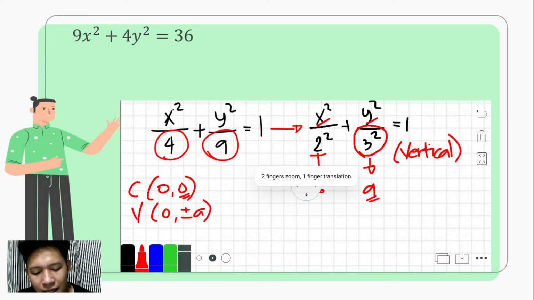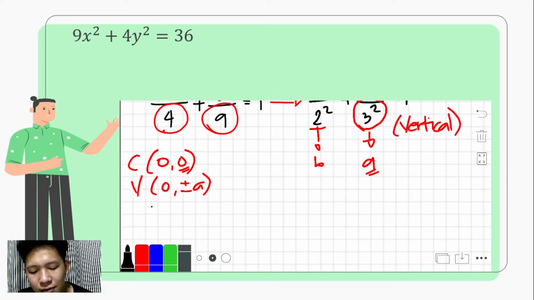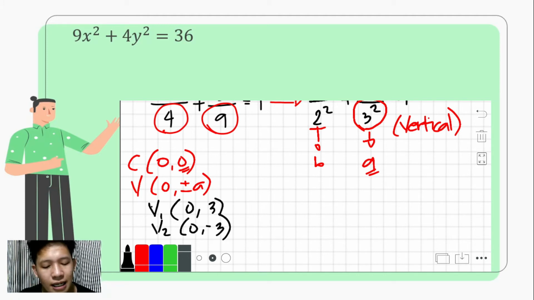Hence, the coordinates of our vertices would be at 0, positive 3, and the other one would be at 0, negative 3. And then, the other one, we still have our co-vertices. And our co-vertices is, we all know that that is b units away from our center.